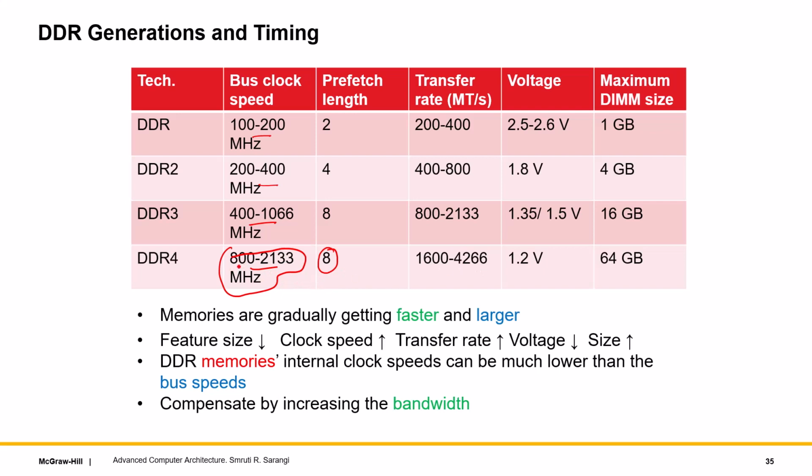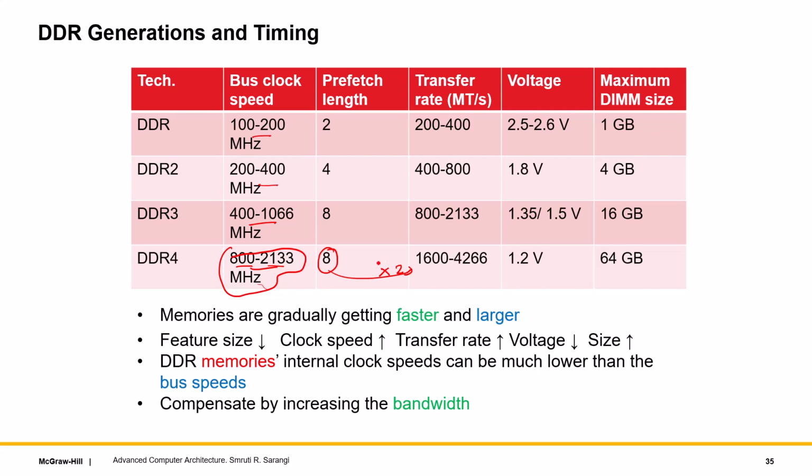So that is why if it is 800 to 2133, this will get multiplied by 2 to 1600 to 4266 transfers per second, right? So this is megahertz, this is million transfers per second, MT/s. So whatever is the bus clock, multiply that by 2, that will give you the transfers per second because of the D in the DDR, the double data rate.